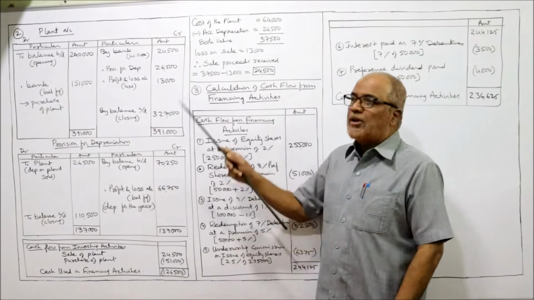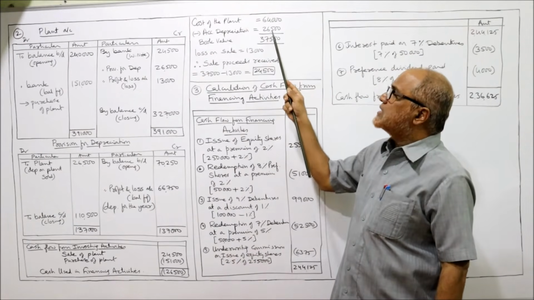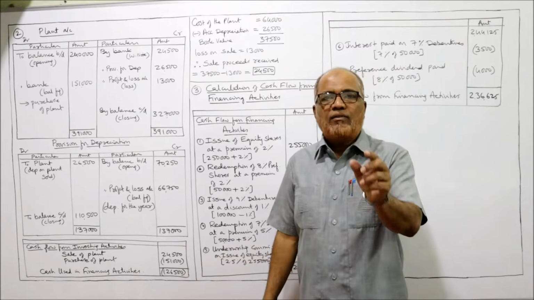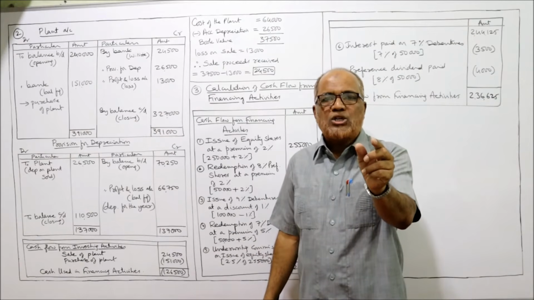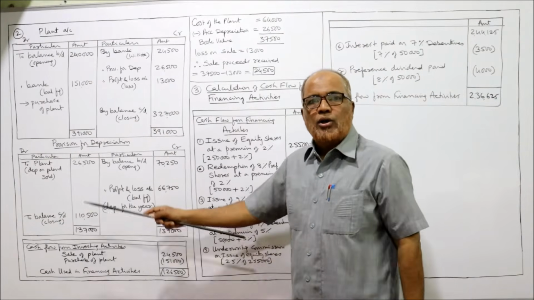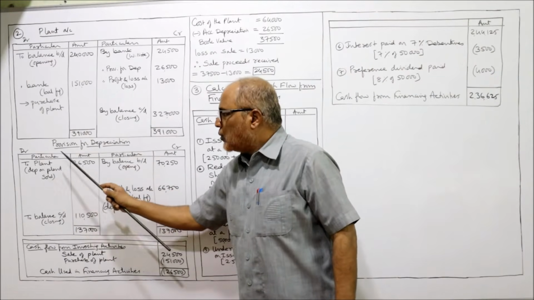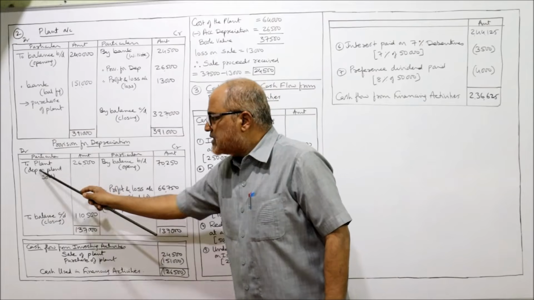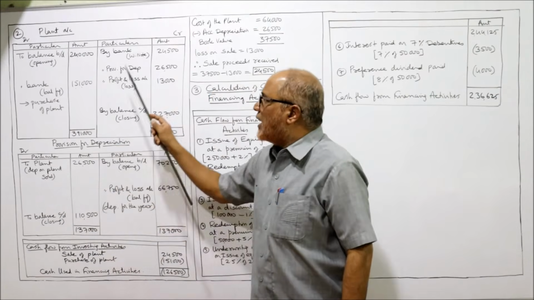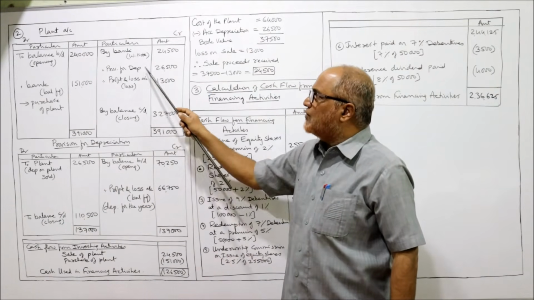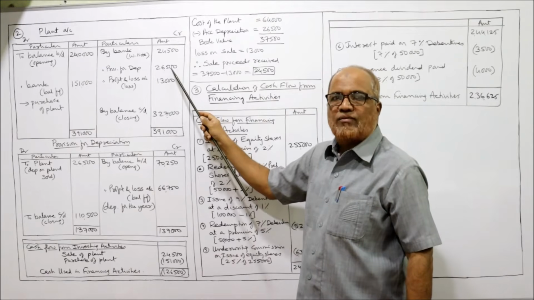So how much is the accumulated depreciation on the plant sold? 26,500. So provision for depreciation debit side to plant 26,500. Plant account credit side by provision for depreciation 26,500.